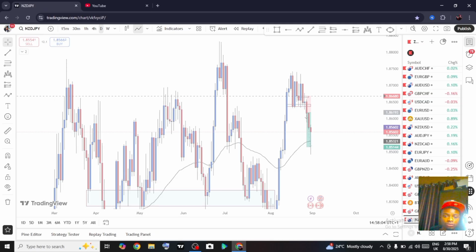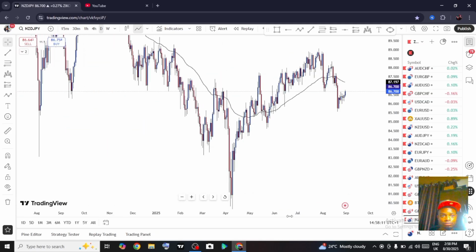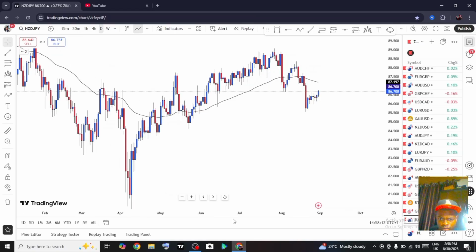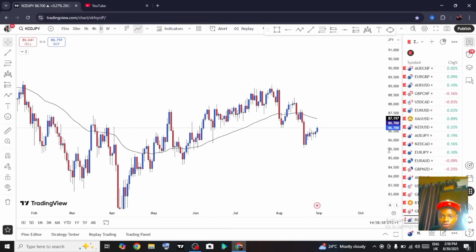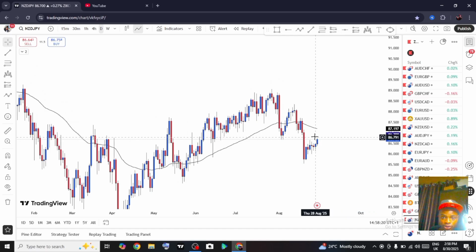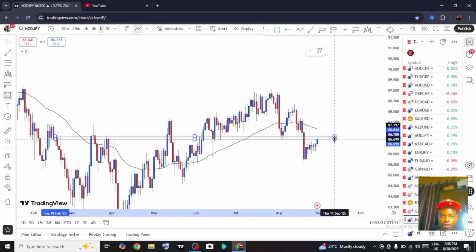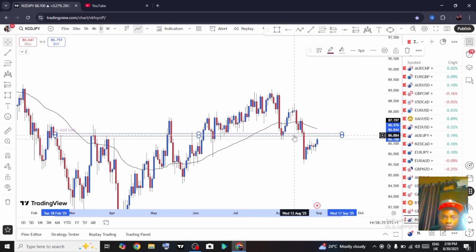NZDJPY. Alright, NZDJPY. I'm already liking the price action, right? So it's a very clean break and we are hoping for a retest somewhere. So let's look for an area of interest. This right here is a much cleaner area of interest to me, right? Daily time frame.